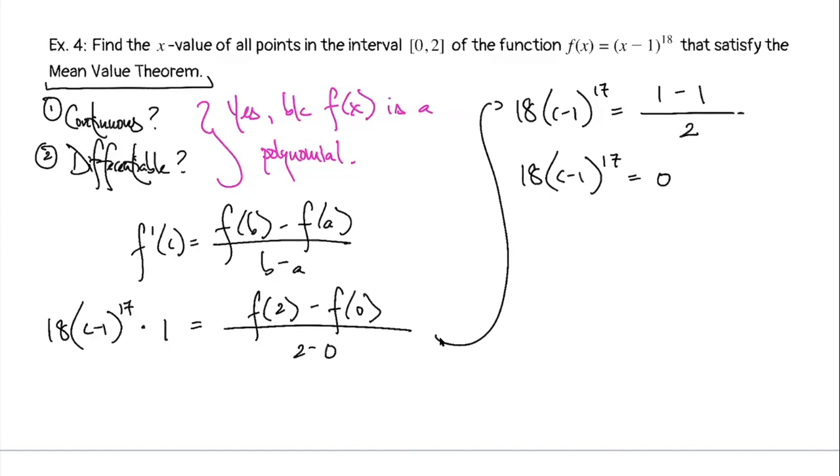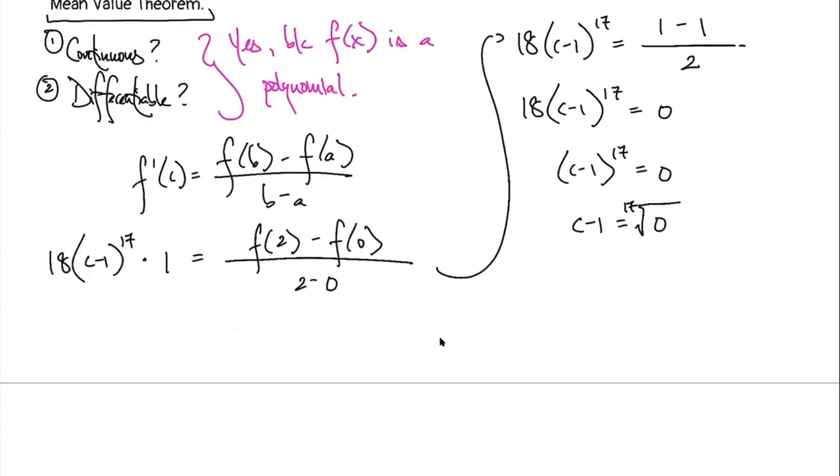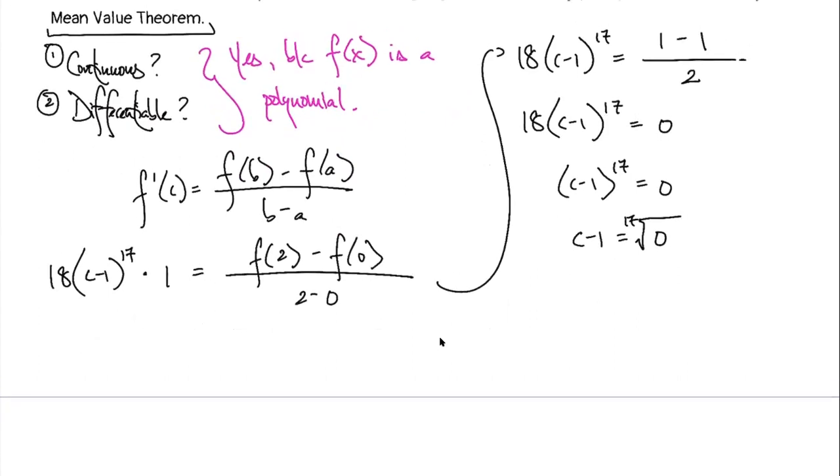I can divide both sides by 18. I can take the 17th root. Right, I can take that 17th root. And then I can add 1 to both sides.